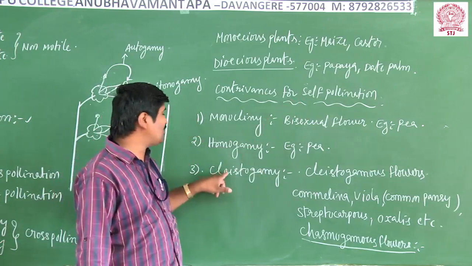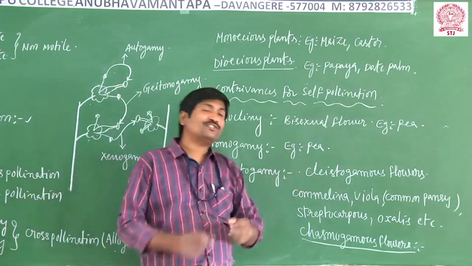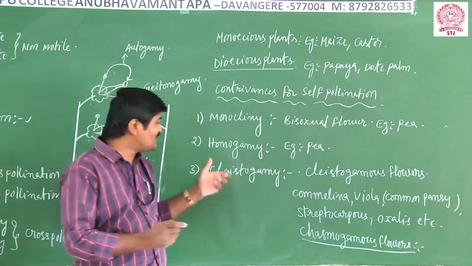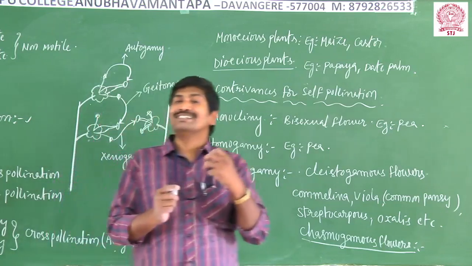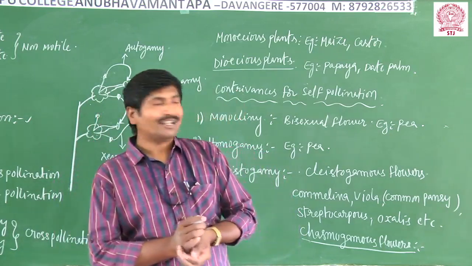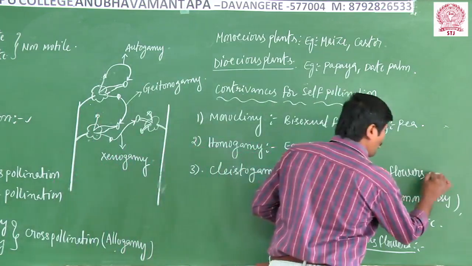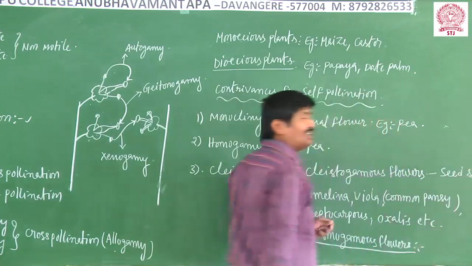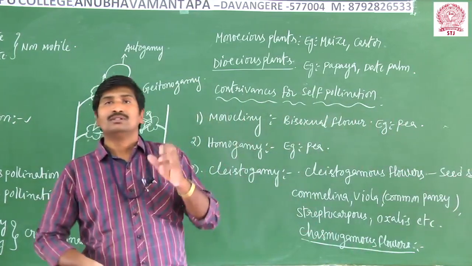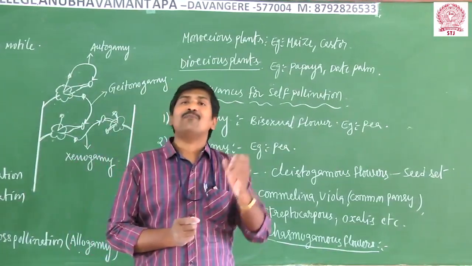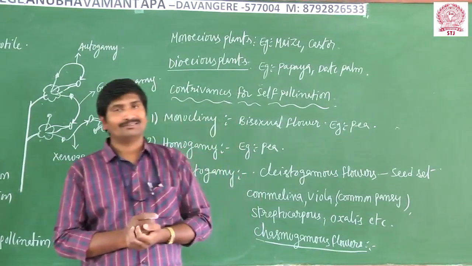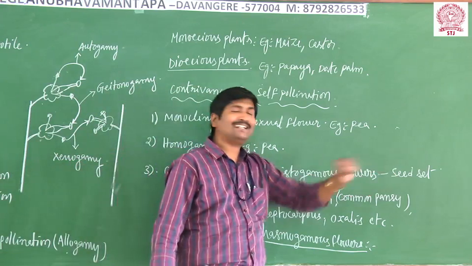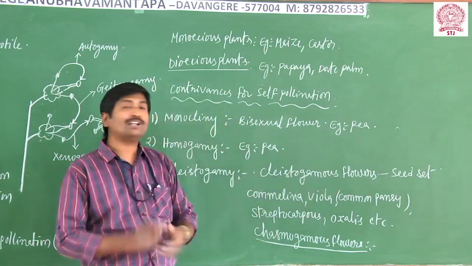What is the advantage here? In cleistogamy, to assure seed set, the seed set is formed even in the absence of the pollinators. Even in the absence of pollinators, the seed set is developed in cleistogamous flowers.